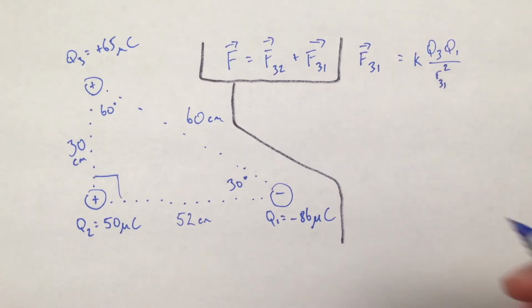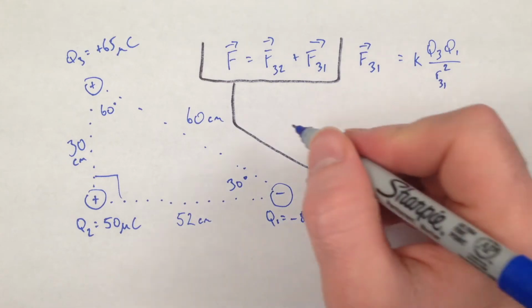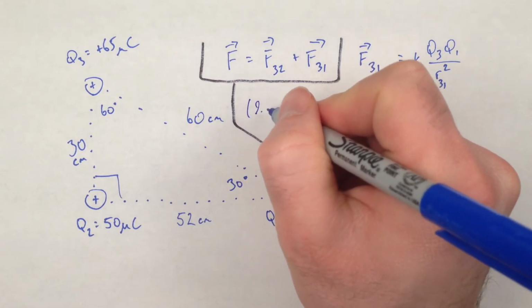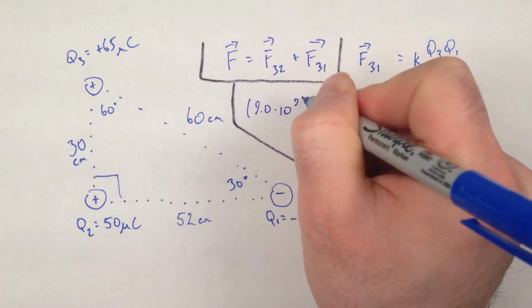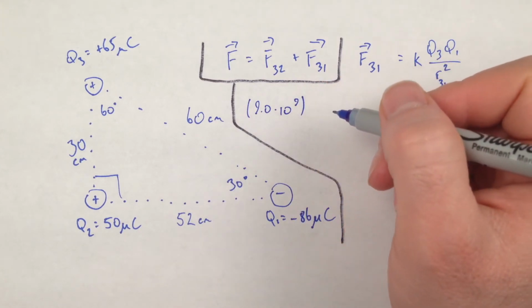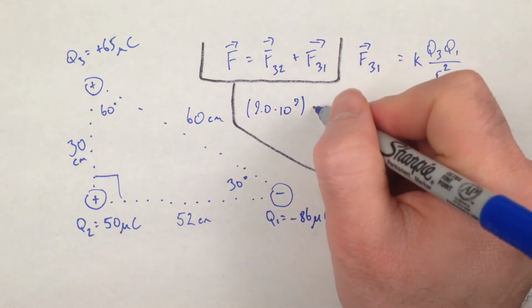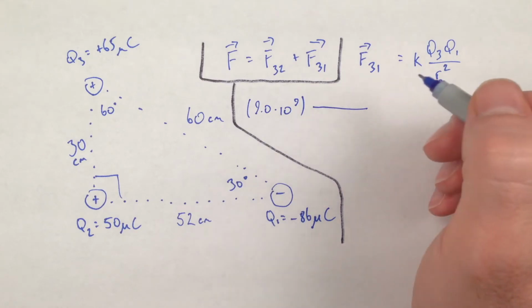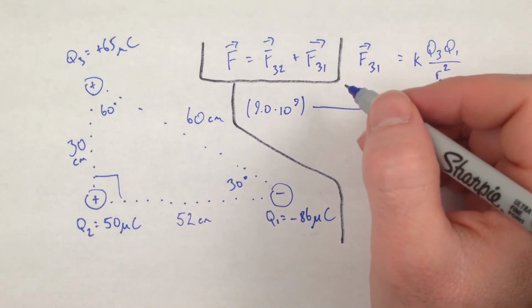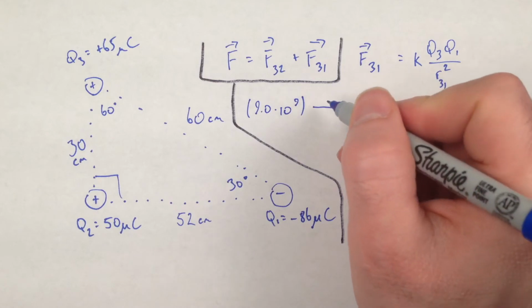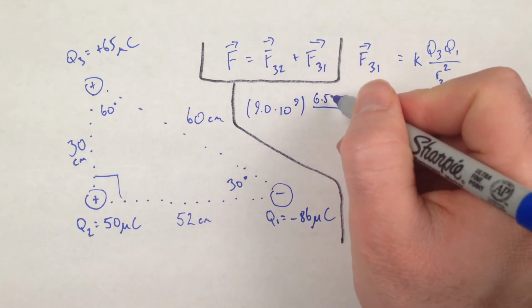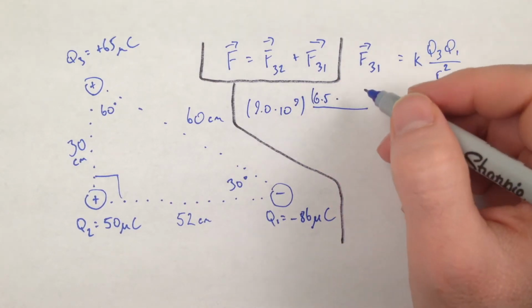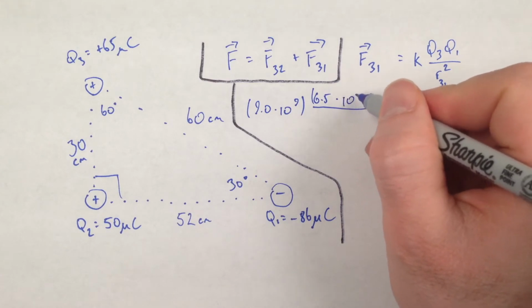Let me fill that in. K is 9.0 times 10 to the 9th. I'm going to leave the units off this time. Q3 and Q1: I should use parentheses, 6.5 times 10 to the negative 5th.